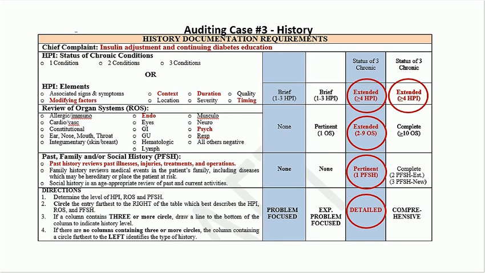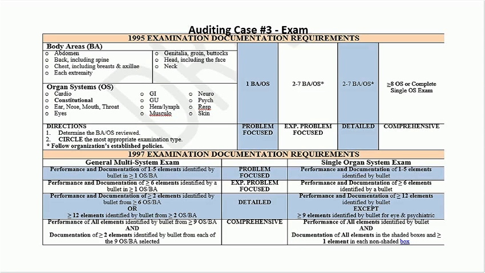Under the past medical family social history, the provider documented the patient's diabetic medications, which is credited as treatments under the past medical history, and this gives us a pertinent PFISH, and we would circle the 3rd column in this element. In this case, we do have 3 circles in the same column, so our history is detailed. There was no exam documented for case 3.